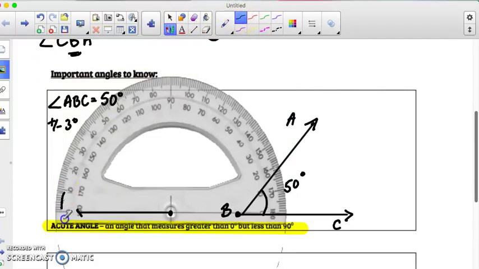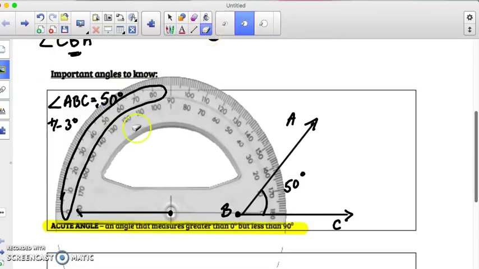So I'm only looking at the measurements between 0 and 90 degrees. So around here, okay? This time it's on the top, all right? Don't be thrown off by this. All you're concerned about is making sure that you're looking at the right set of measurements. So always ask yourself, am I drawing an acute or an obtuse angle? So you're drawing an acute angle. 50 degrees is right here approximately, yeah.